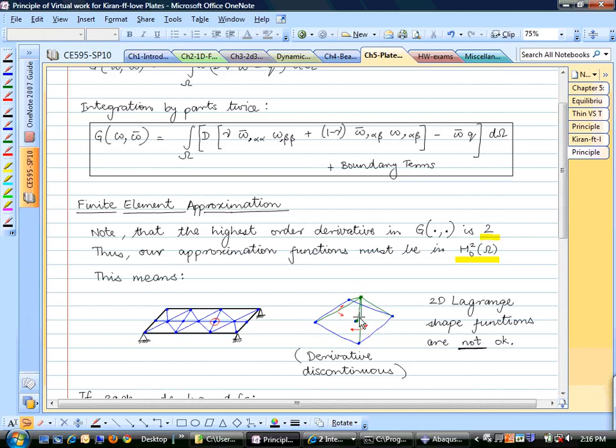But we know that these tent shape functions have this sharp edge between the adjacent faces. And this sharp edge means that the first derivative is discontinuous. The second derivative doesn't even exist. So these types of shape functions are not admissible shape functions for the Kirchhoff-Love plate.